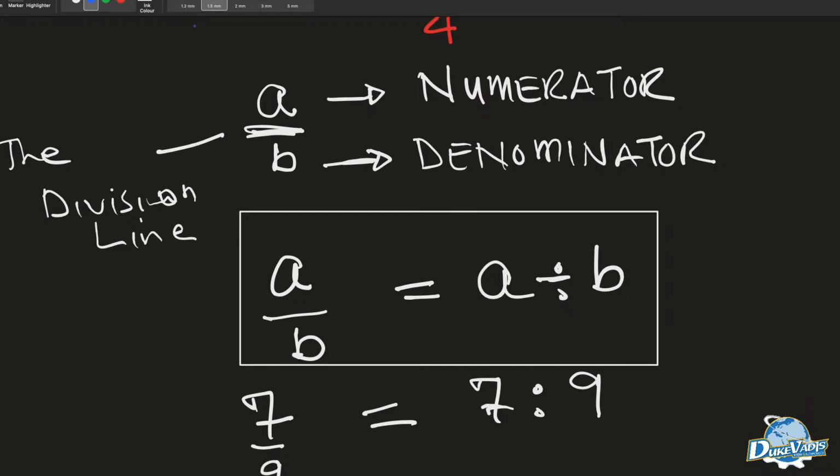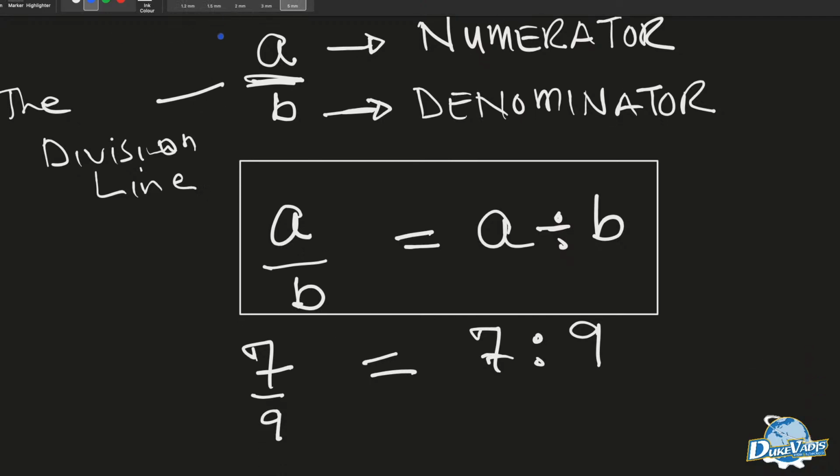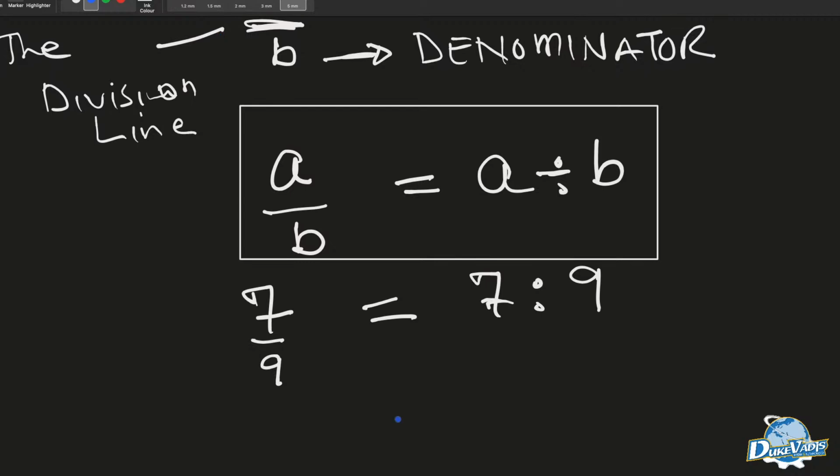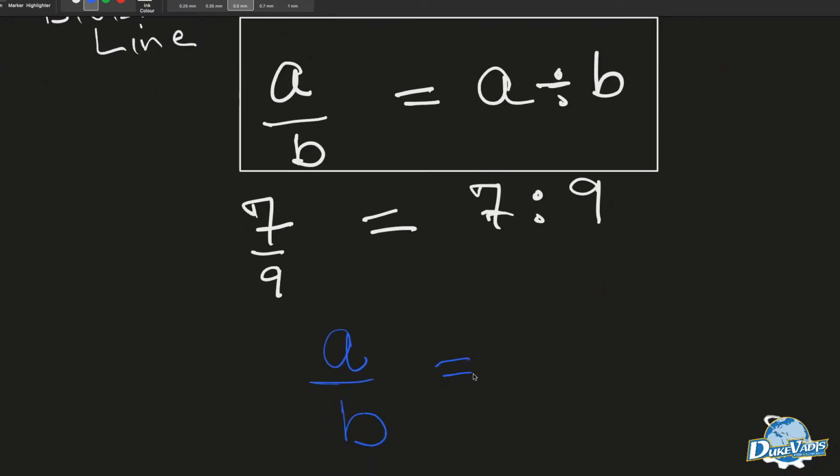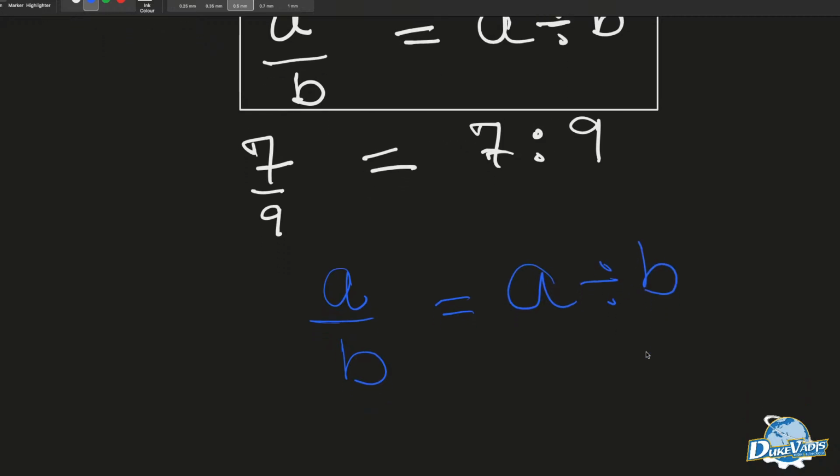Everywhere we meet a over b, it means a is divided by b. So that is what we call a fraction.